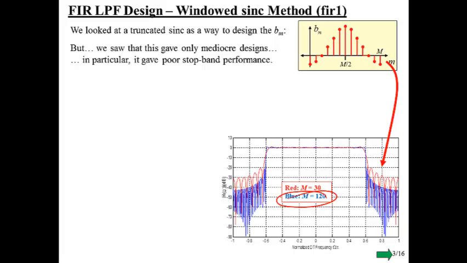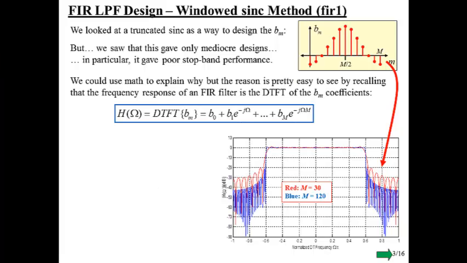We could push that farther and get better filters, but the question is, if we're going to be spending 120, why not try to get the best we can for the 120 that we're spending, or vice versa. If this blue 120 value response is acceptable, maybe we can get it, if we're clever, with fewer points, and therefore be more efficient in our implementation. So those are all the things that we're trying to do.